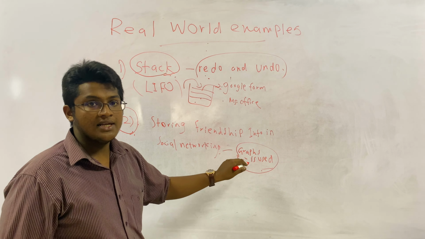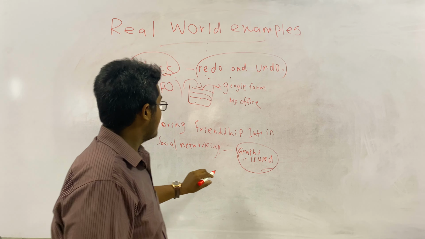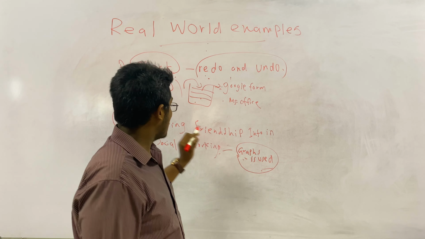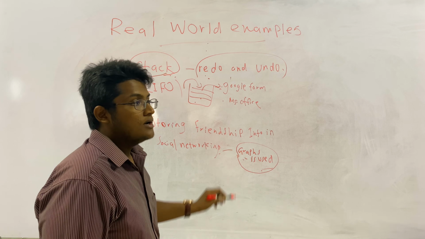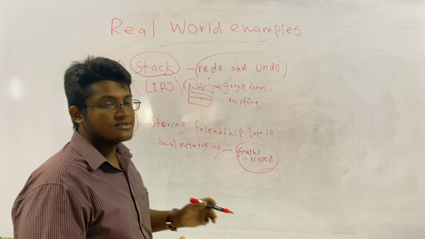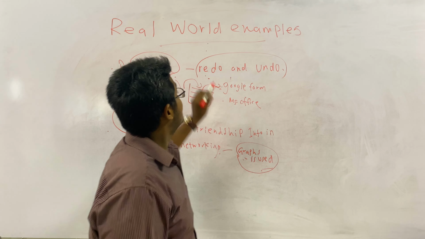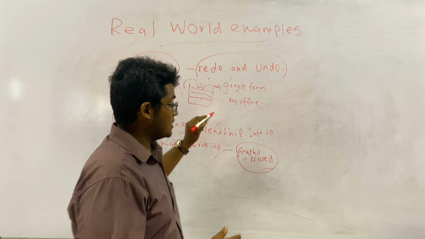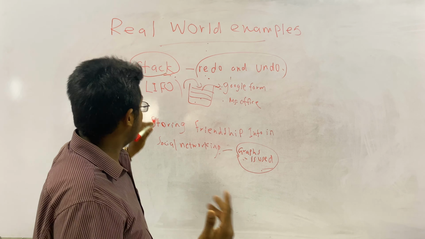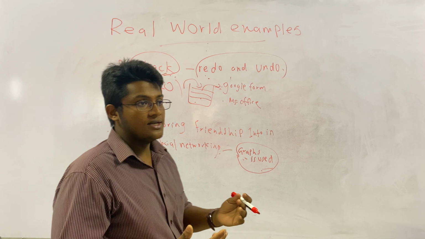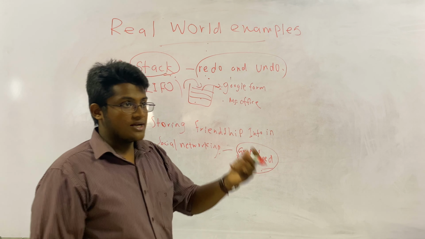This is a non-linear data structure. Graphs help to store friendship information. So these are two real-world examples of data structures. This is not the only thing; I just gave you two examples. There are so many real-world examples.